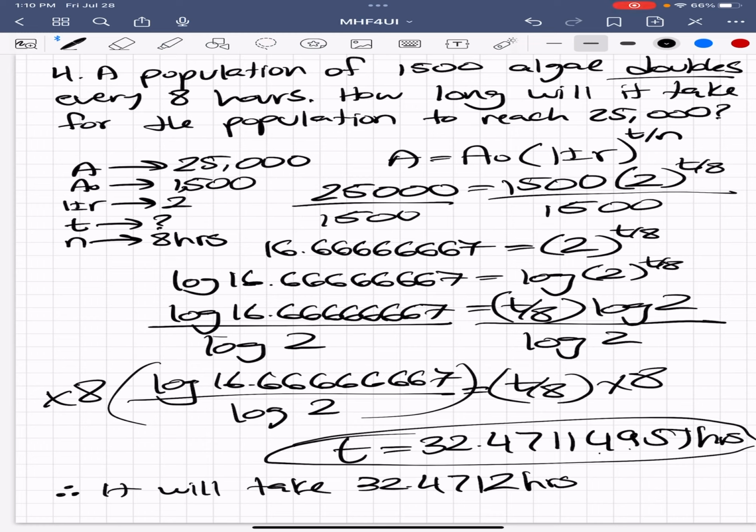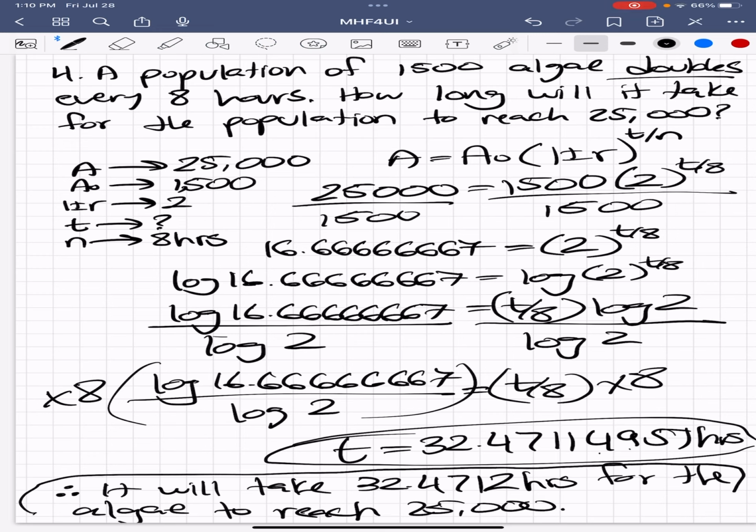So it's going to take 32.4712 hours for the algae to reach 25,000. There you go.